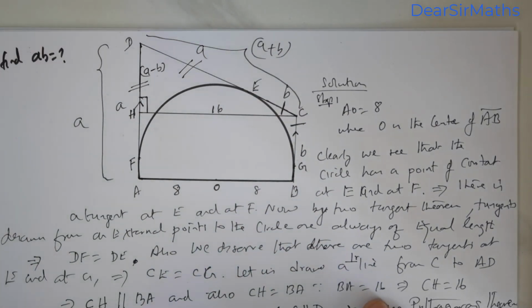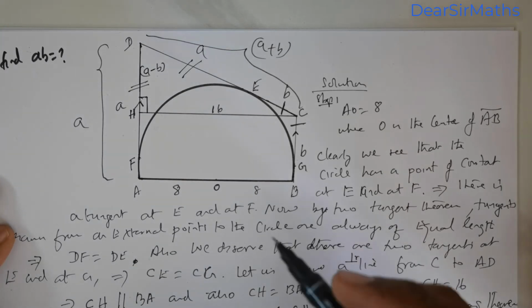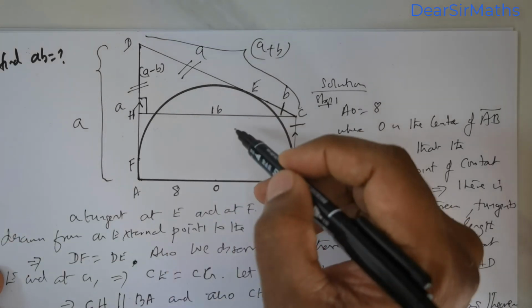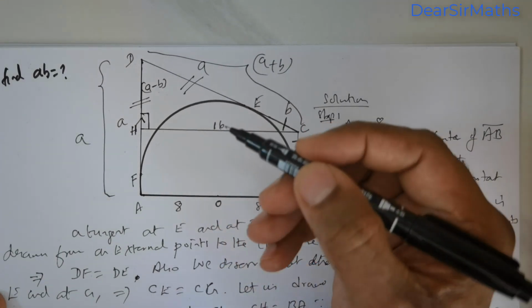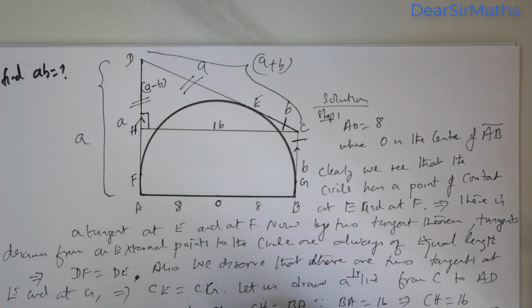It's a little bit tricky, but we have to see these things. If we don't see these things, we won't be able to solve this question. And remember, visually we cannot judge it. We can only judge from the concepts that we have already studied.